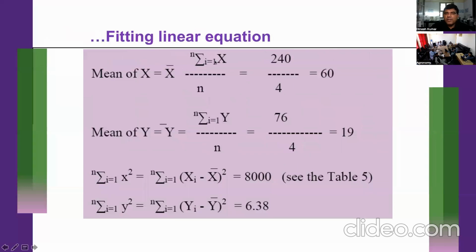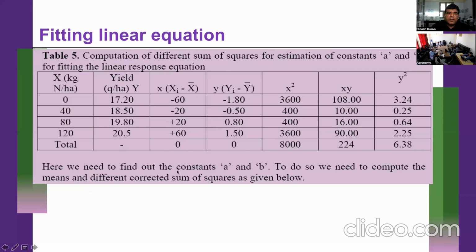You can take the mean of x as summation x upon n. 240 by 4, you get 60 as the mean of x. Similarly, the mean of the dependent variable, y bar, is summation y upon n: 76 is the total, divided by 4, you get 19. So you can calculate the mean of this column and the mean of this column.